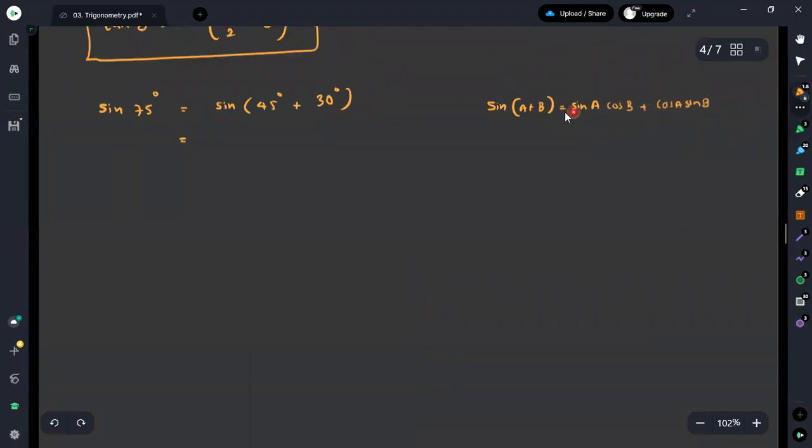Now we'll do the substitution. Instead of 75, we write the addition of two angles, 45 plus 30.